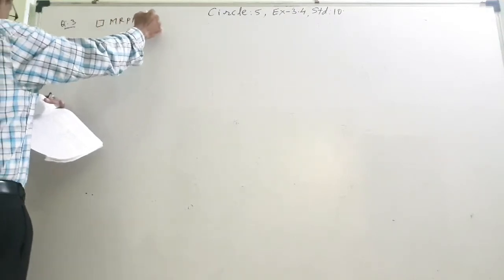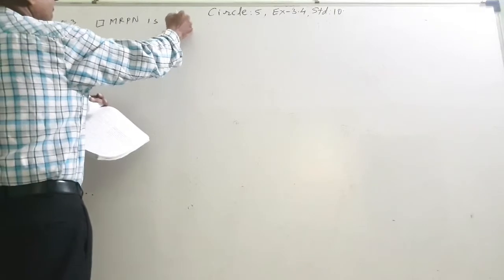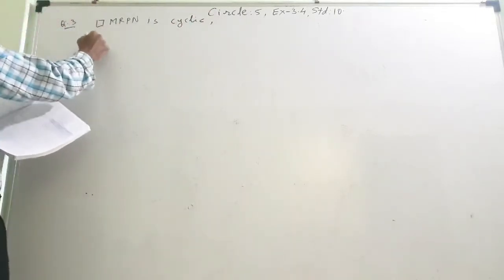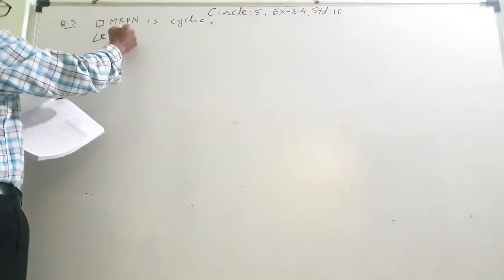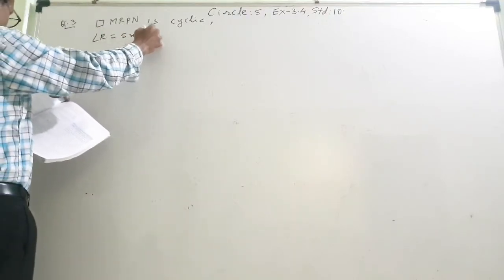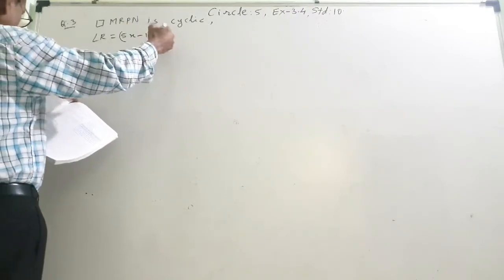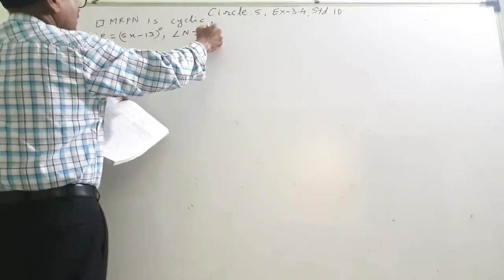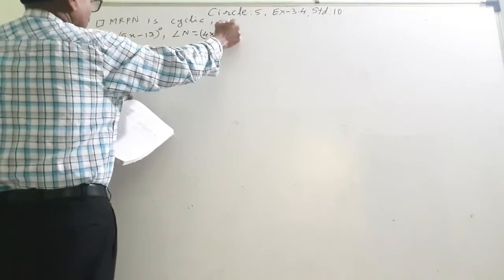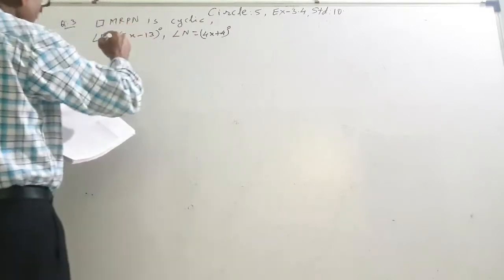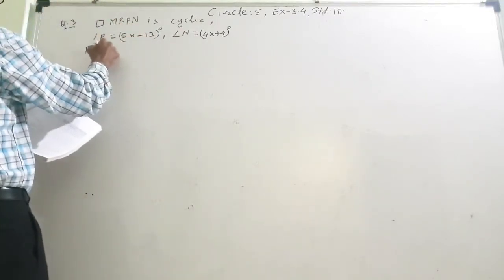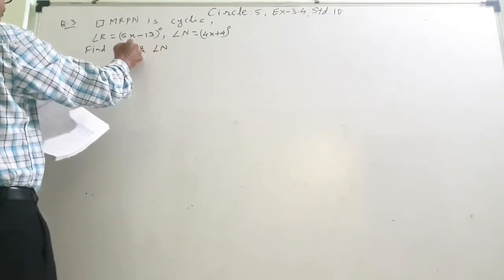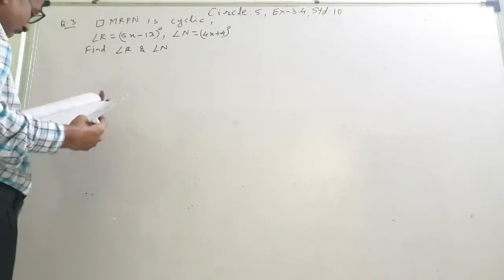MRPN is cyclic. Angle R is equal to 5x minus 13 degree. Angle N is equal to 4x plus 4 degree. Find angle R and angle N.